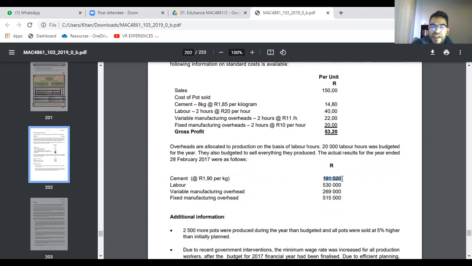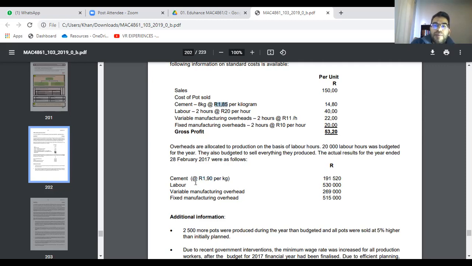So here you can see the total for the year ended. For direct material, or cement, it is 191,520. So here's what I was trying to tell you. They're telling you it's 191,520, and that the actual price they paid was 190. So you can already tell that the price variance for direct material is unfavorable, because they actually paid 190 when we budgeted to pay 185.